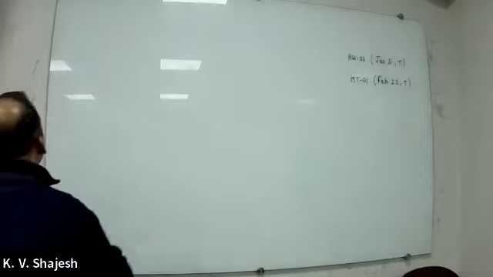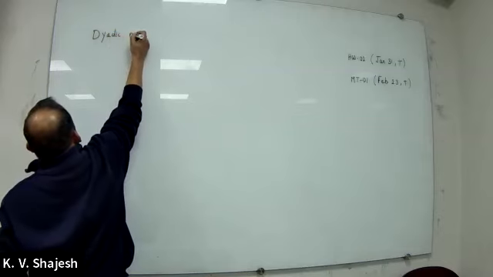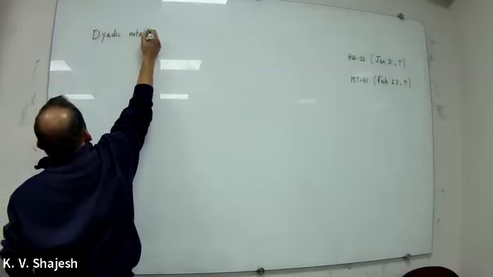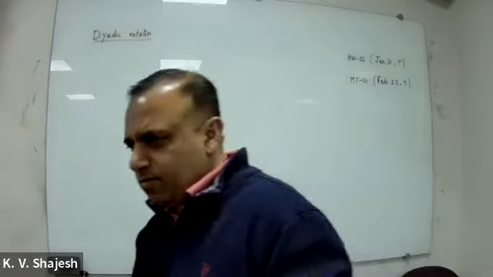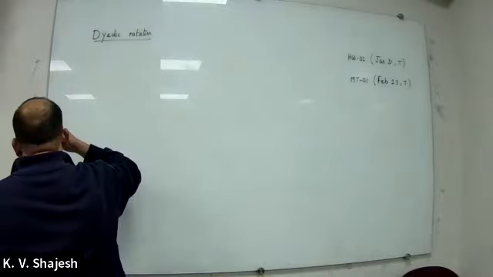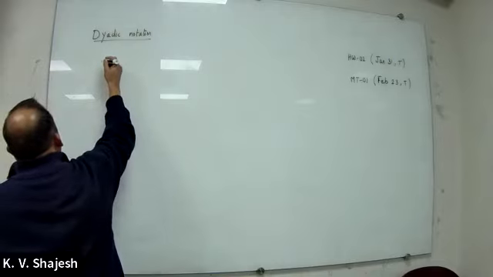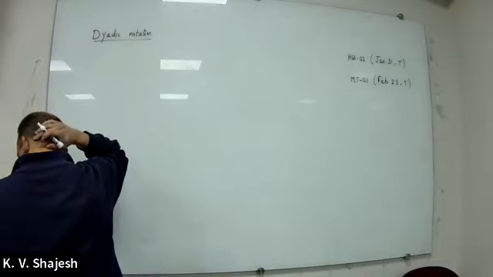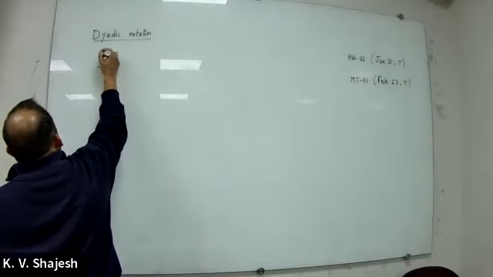So dyadic notation is pretty much a symbol for a tensor. It has two indices, and the best way to write it is, let's say, we already have a tensor.